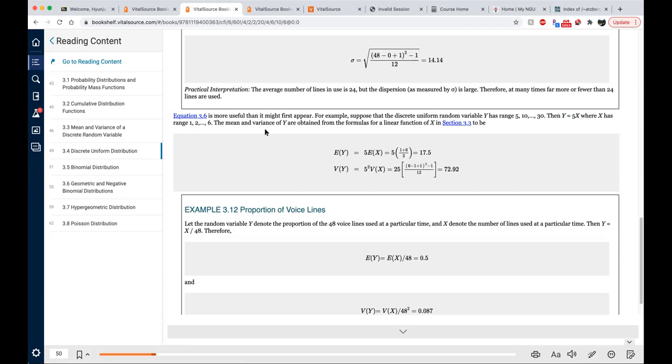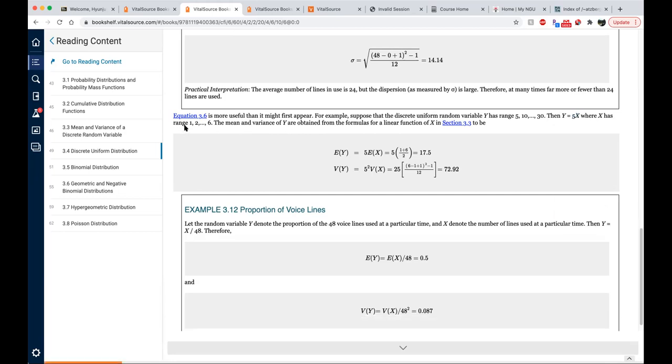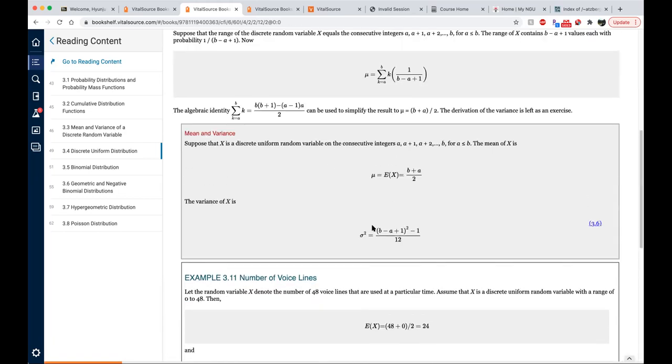Now why do we have to express the random variable y in terms of x, where x is a random variable whose range is 1 through 6? Because to use the formulas, keep in mind, the discrete uniform random variable must be on consecutive integers.